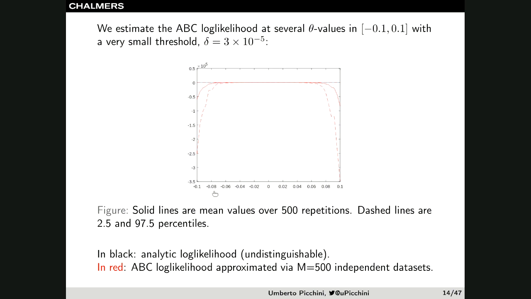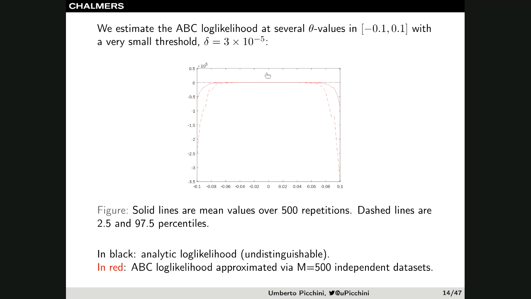So here I have theta, my mean, that varies between minus 0.1 and 0.1. At each theta, I produce 500 simulated datasets, I compute the likelihood, and I repeat this 500 times independently, so that I compute the mean of these simulated likelihoods and their quantiles. You cannot see this right now, but I will show you in the next slide.